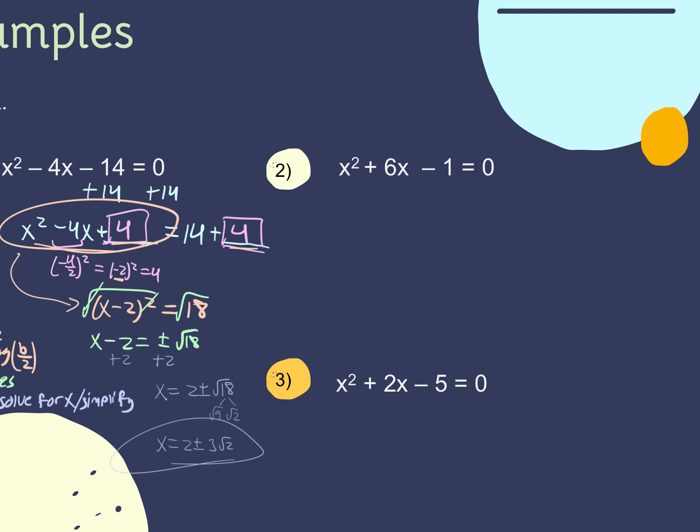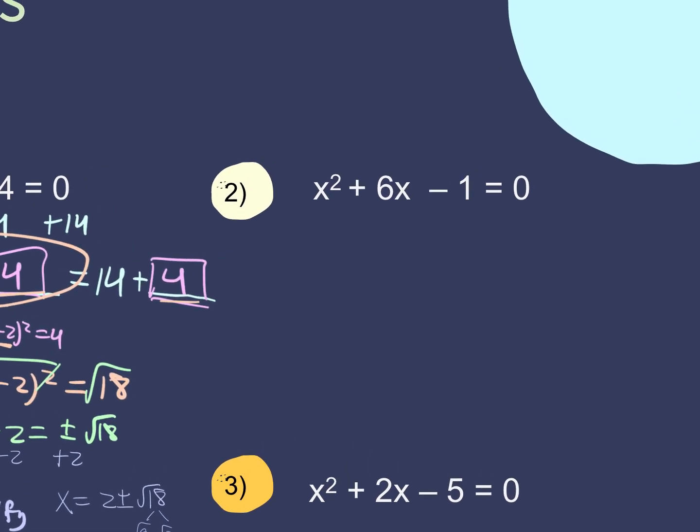Again, your instinct should be to factor. So if you want to try it for this one, you're going to notice that this one doesn't factor. There are no factors of -1 that add to +6. So this one, we want to complete the square. Again, the first thing we did, we got the ax squared and the bx on one side, and we got the constants on the other.